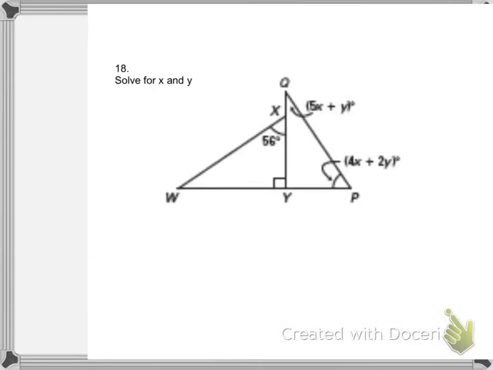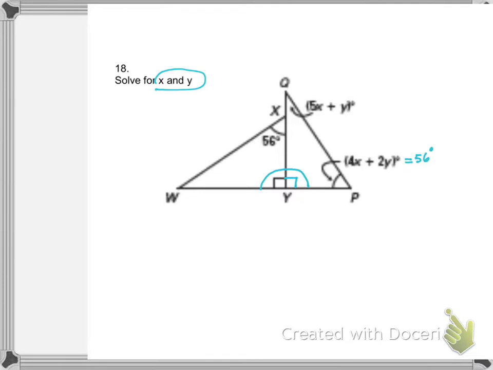Okay, so let's see what we have here. I see that they want me to solve for x and for y. I see that this angle, that's a single, is 56. So that means this angle, that's a single, must be 56 as well. The other thing I know is that this has to be a right angle over here because these two angles are on the same straight line, so therefore they're supplementary.